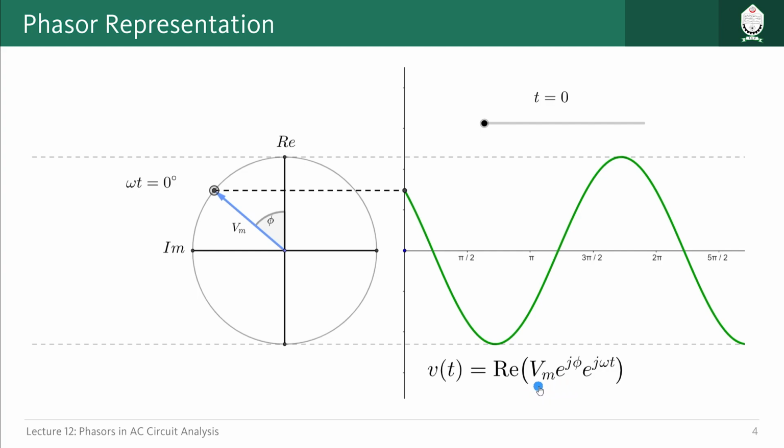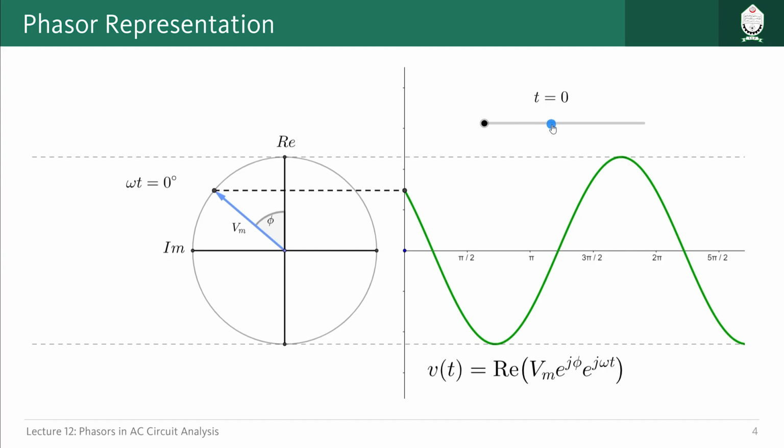What we are left with is just the amplitude and the phase, and that is what we are seeing here. We have this angle, which is the phase of our signal, and this amplitude here is the Vm, the amplitude of our signal. As a result, we can also take the projection in this direction to see this wave shape, and this is for t is equal to 0.